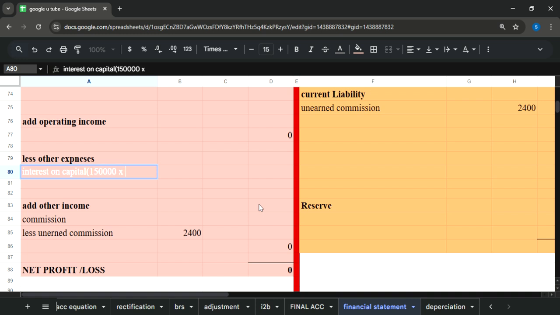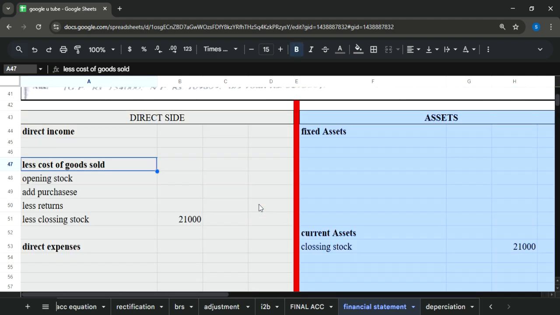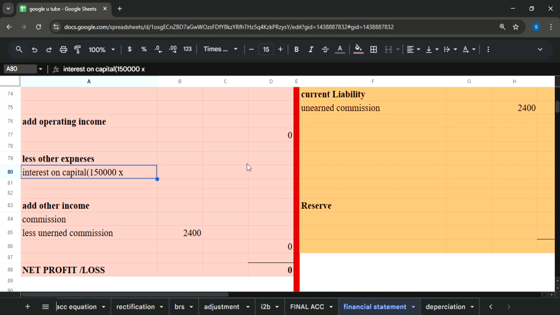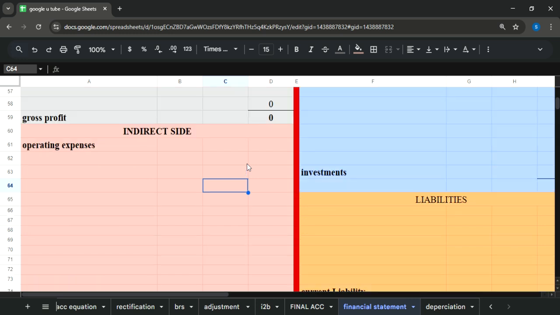Then multiply by the percentage, we'll have to see it again. It's 5% on capital, so multiply by 5 divided by 100. What is this 150,000? This is the amount of capital, then multiply by 5 divided by 100, 5%. Interest on capital we have calculated.